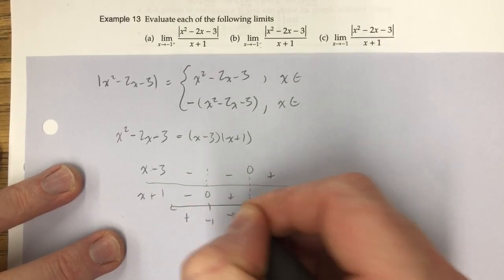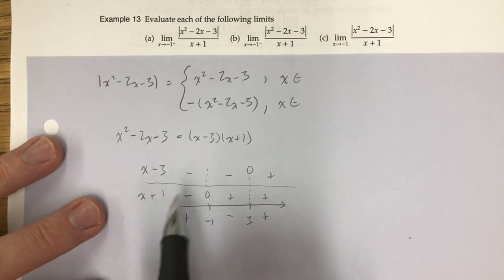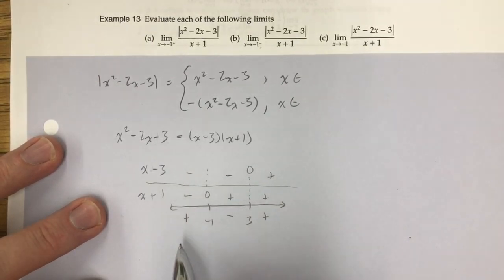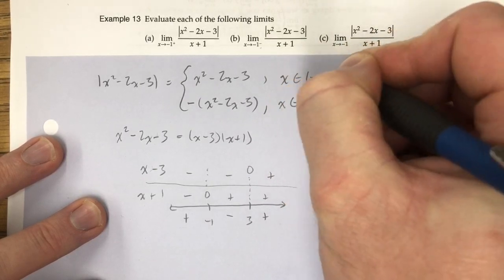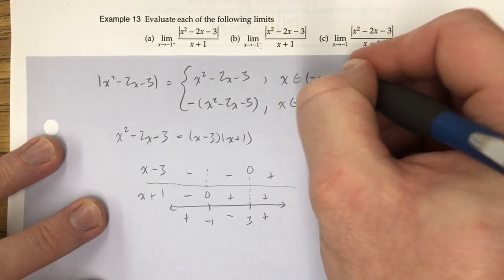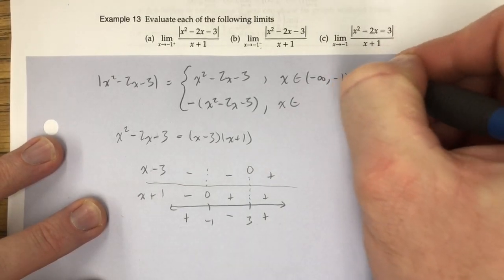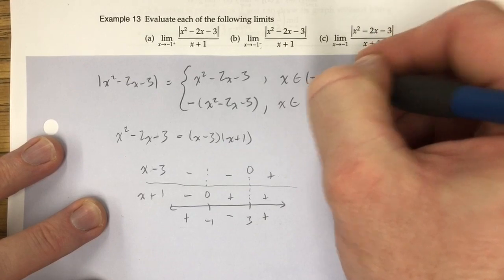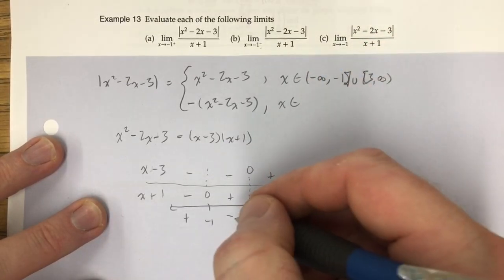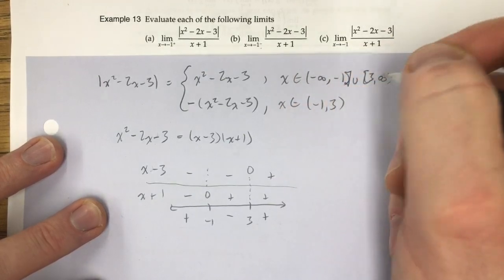and find our results. And we notice that x squared minus 2x minus 3 is positive from -infinity up to -1, and also from 3 to infinity. And it is negative between -1 and 3.